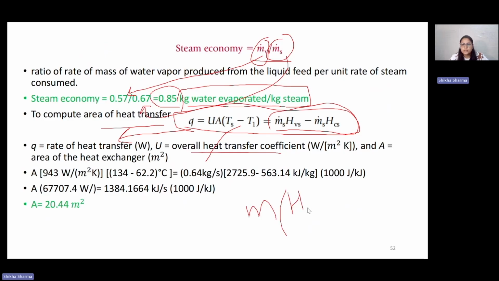So M is its mass flow rate into the enthalpy exchange from the saturated steam to the saturated liquid at the same temperature.